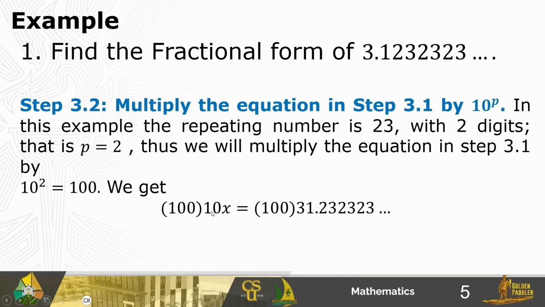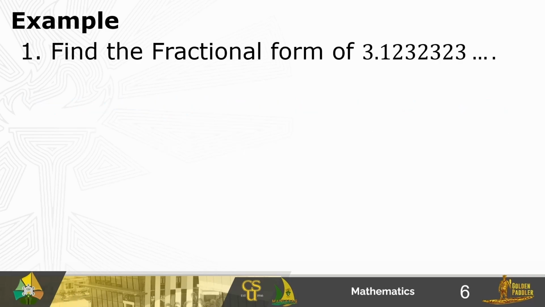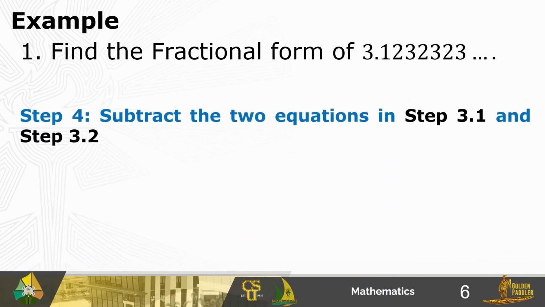So 100 times 10x is 1000x, and 100 times 31.23 and so on gives 3123.2323 and so on. We will use that in step number 4.